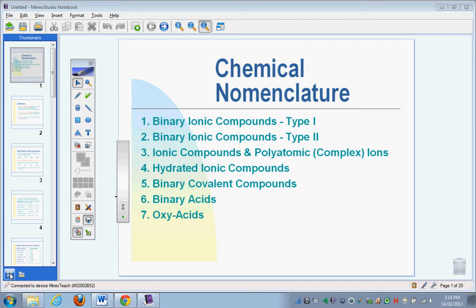Ionic compounds that have complex ions in them, and hydrated ionic compounds. So 1 to 4 are all dealing with ionic compounds. Number 5 will deal with covalent compounds, binary covalent compounds, and 6 and 7 will deal with acids. There are 2 different kinds of acids, binary acids and oxyacids. Okay?